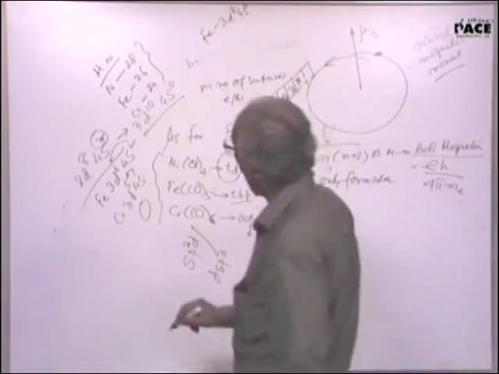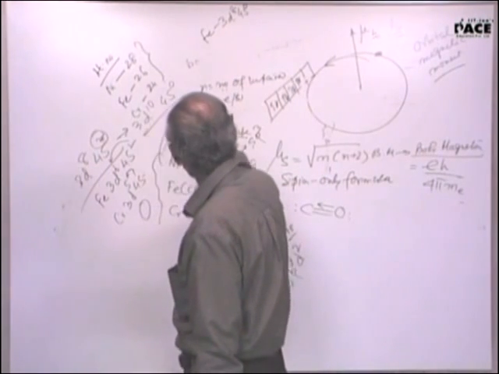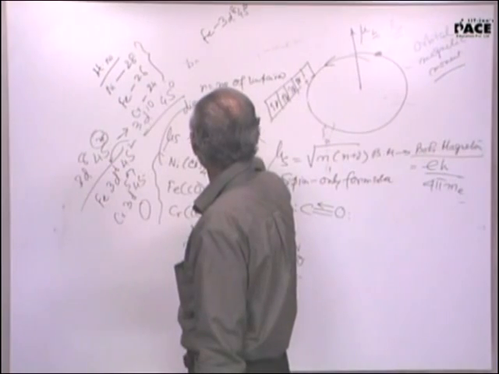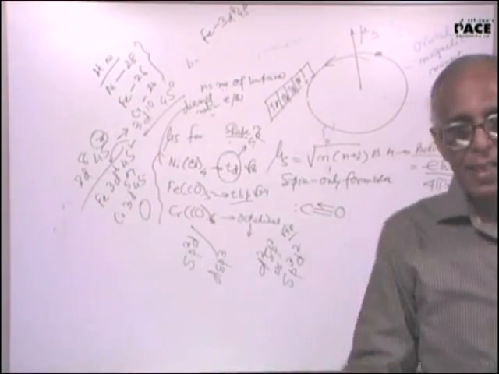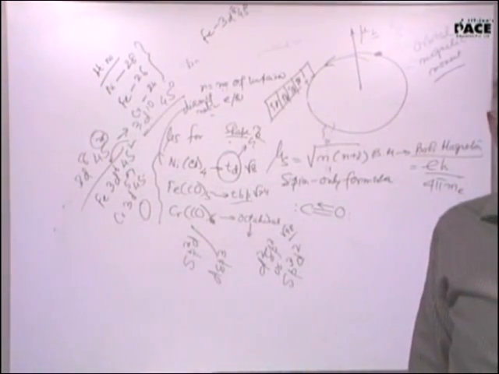Experimentally, all were found to be diamagnetic. If it is diamagnetic, that means there is no unpaired electron present in the molecule.